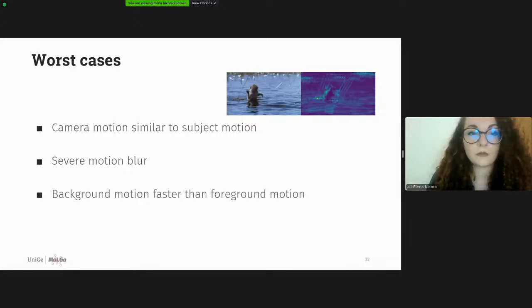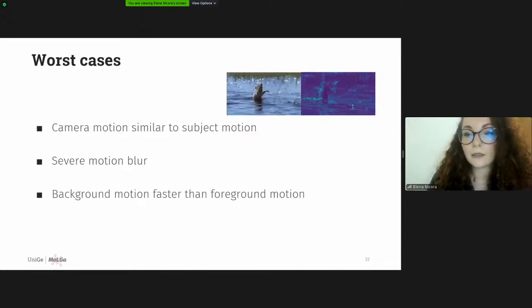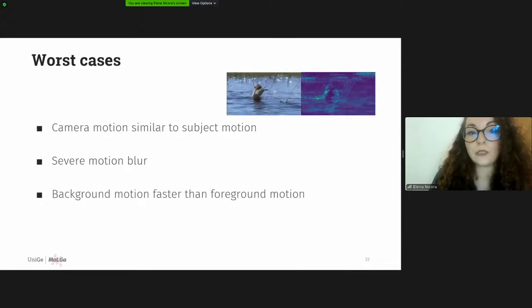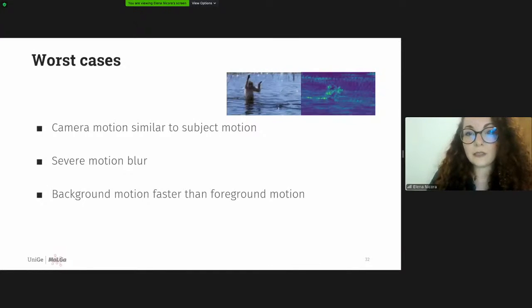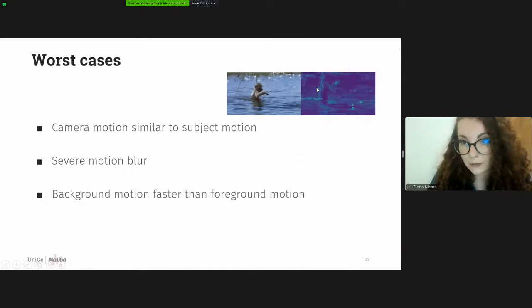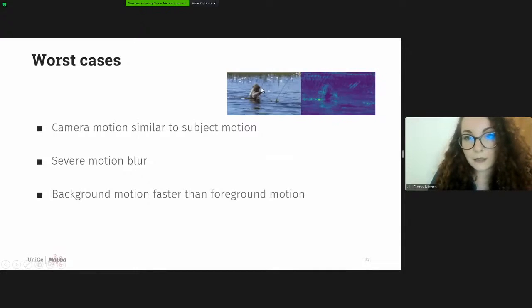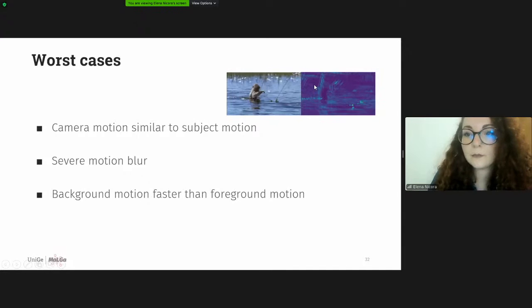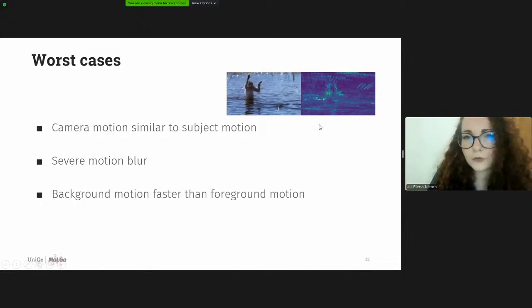I'm talking about cases in which we track the subject with our camera, so the amount of movement of the camera is similar to the amount of movement of the subject, and you can see here that the subject is not clearly highlighted because it's immersed in a lot of information.